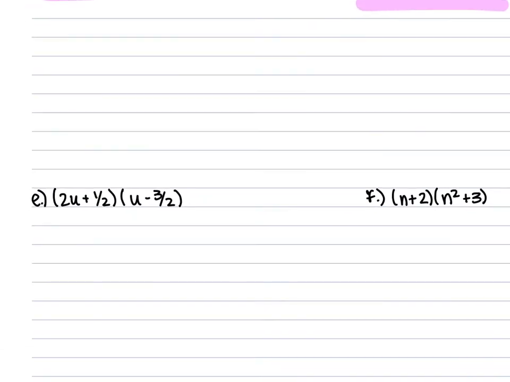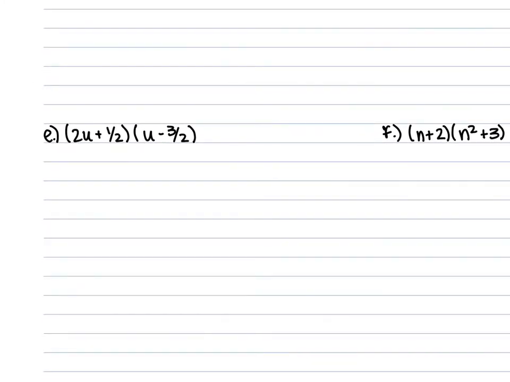So with our next example, we're working with fractions. We have 2u plus 1/2 times u minus 3/2. So with this, I'm going to do this one a little bit differently so that way I can see exactly what I'm doing and I don't have to do it in my head every single time I'm multiplying. So I am going to distribute the 2u into the u minus 3/2.